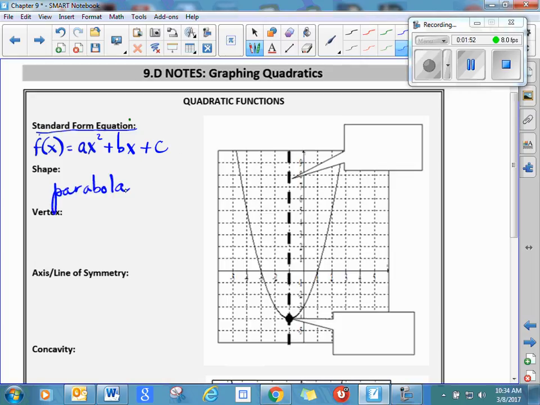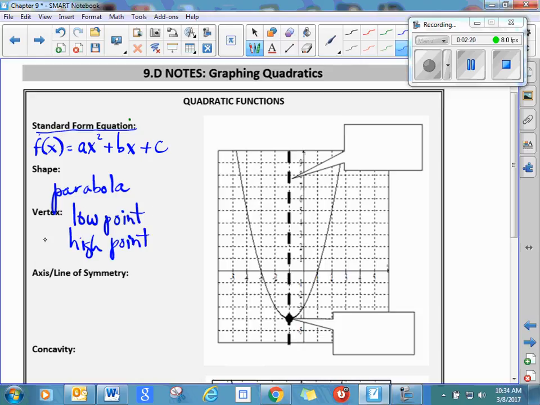The parabola can open up like this one, or it can open down. Its vertex, right here, is either a low point, like in this case, the lowest point on this graph. Every other point on the graph of this parabola is higher than the vertex, or it can be a high point if it opens down.